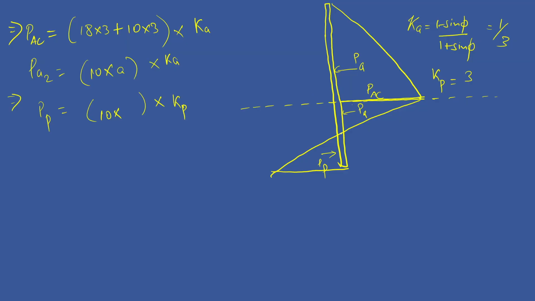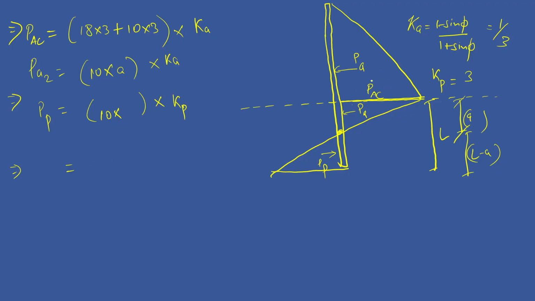Okay, let's solve with simple mechanics. Assume that I am having this depth as L, then this depth will be L minus A. We have been asked A, so this depth will be your L minus A. So your P active pressure is 18 into 3, 18 into 3, so this is your Kp.